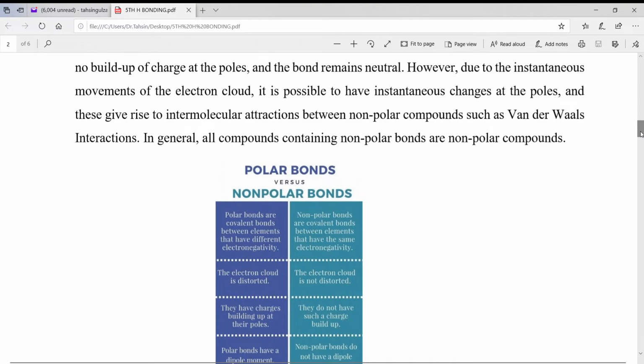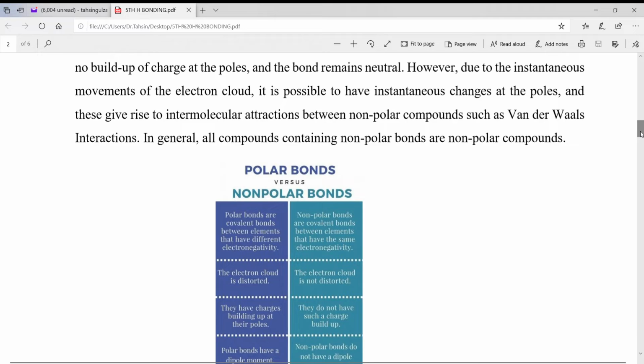Now, in polar bonds, one of the elements is electronegative, so the electron cloud is distorted. It is not normal.